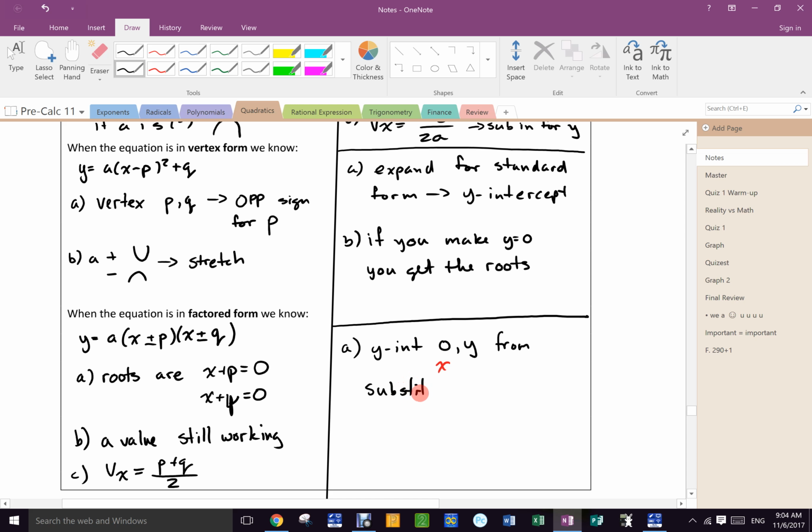And what's the one other thing we can do? If I know the vertex x, what else can I find? Yep, you can get the axis of symmetry. You're on fire back there, Burke. x equals whatever this value is.